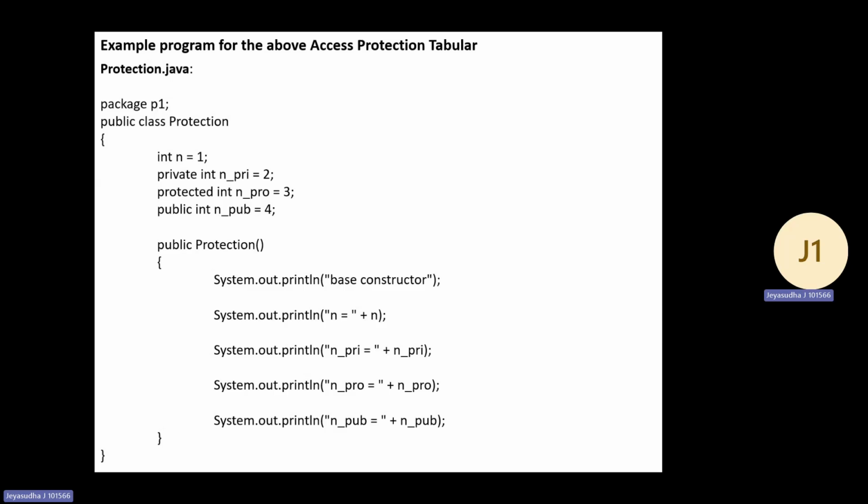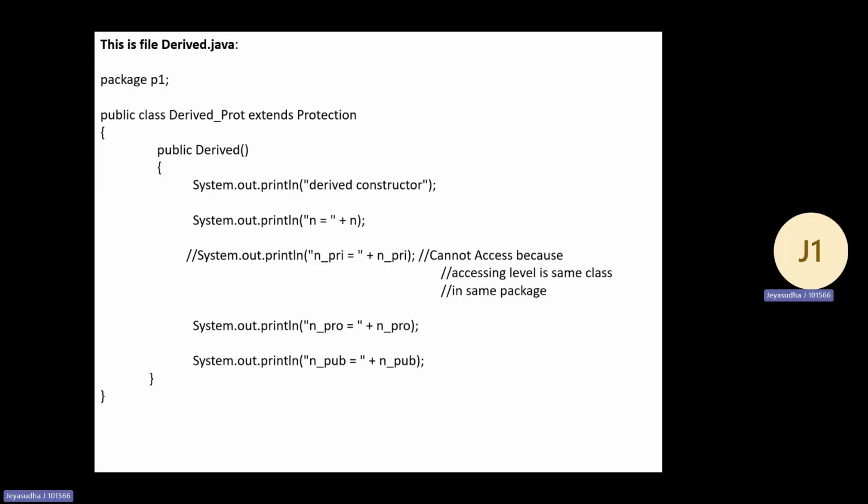So we will see the first scenario. You have a package and a class, and it is going to have four types of access protection. Here I am using a default one, a private one, a protected one, and a public one, as the access specifiers mention. Now I'm trying to use this in the same package itself, inside a derived class.